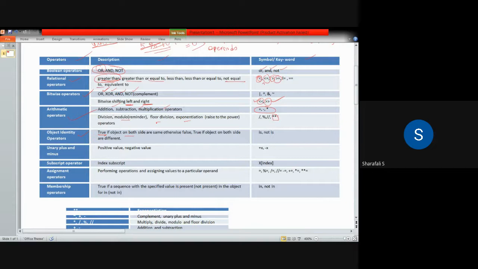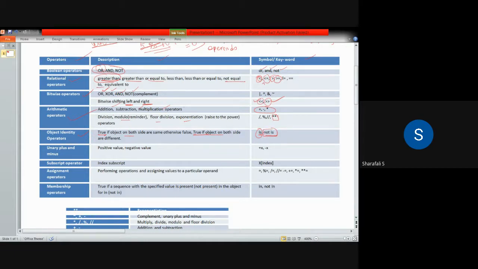If the objects on both sides are different, then it will give you false. So for that we will use is and not is. I have explained the condition for is, and the second condition is true if objects on both sides are different. For that we have to use this.